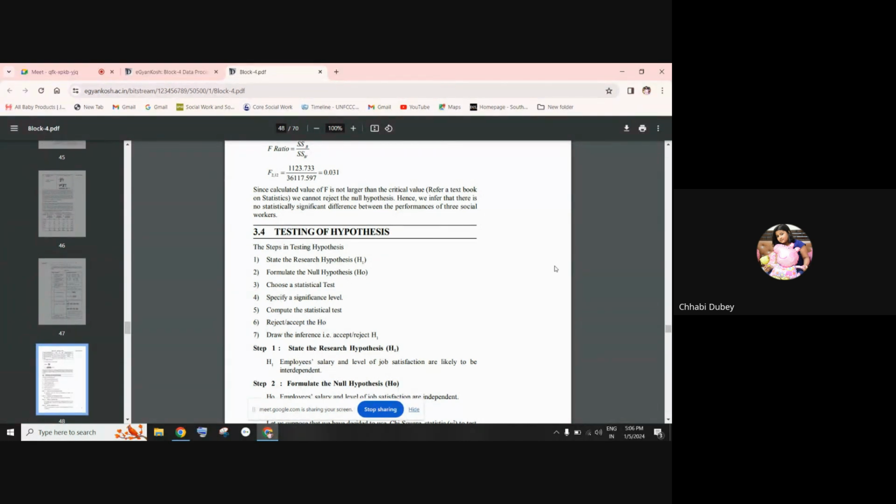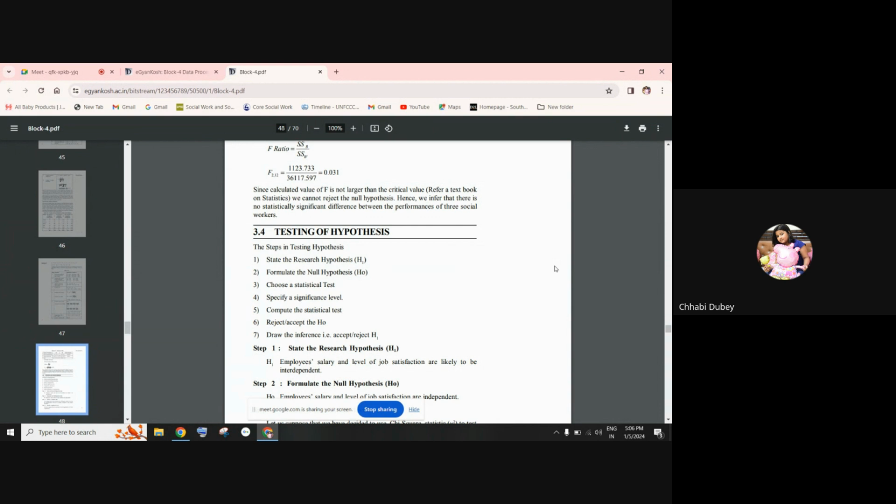That is a statement that we want to prove or disprove, what we are trying to prove or disprove in our research. So, first of all, we will state the research hypothesis. Whatever our research hypothesis is, we're going to state it. We are going to formulate the null hypothesis, stating that there is no difference between the two variables.